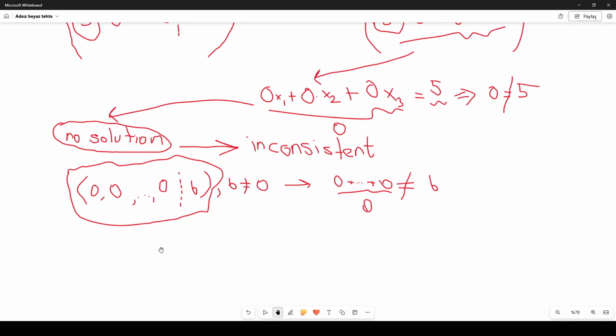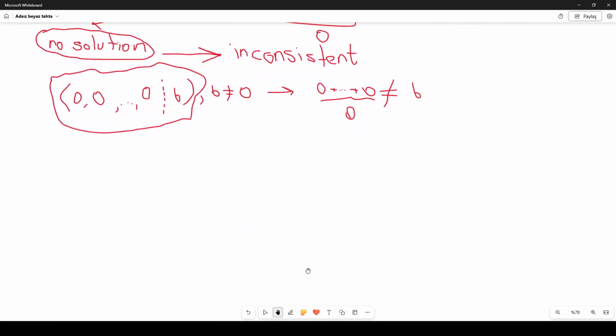All right, let's give another example. Now we know how we can determine whether a system is inconsistent or not.